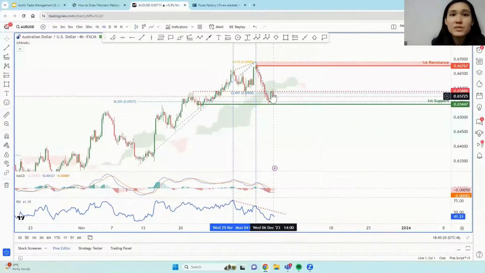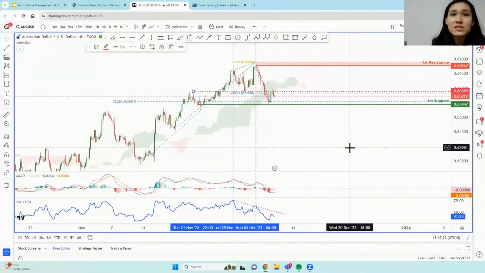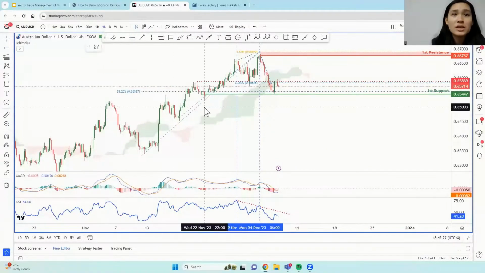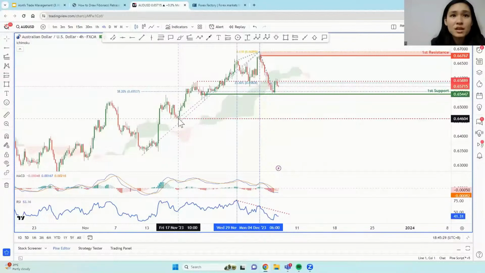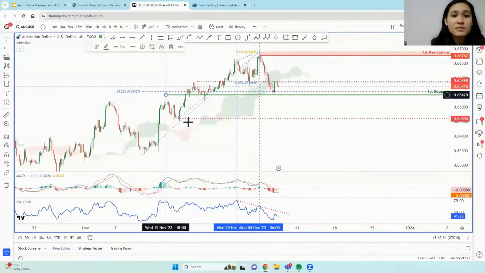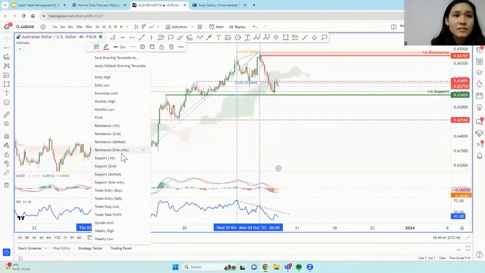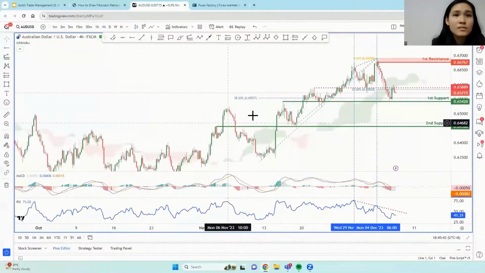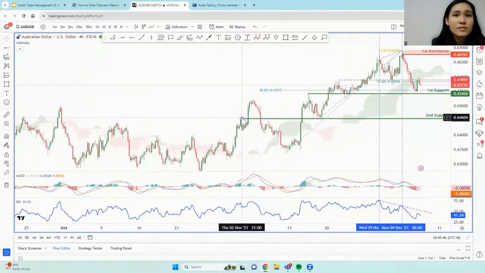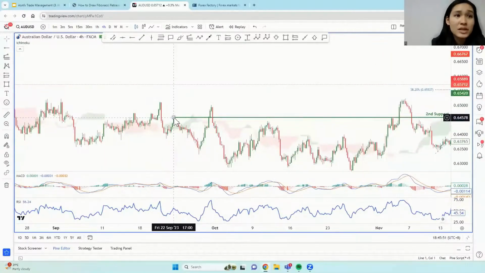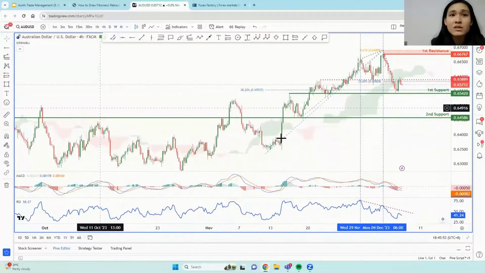Okay, so we're going for a sell from this intermediate resistance towards our first support. And if you're looking for maybe another sell, could go perhaps even until here, because price has tested this level many times in the past, as you can see.